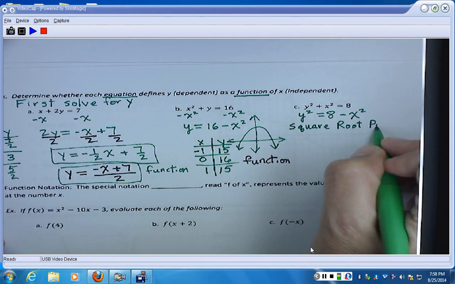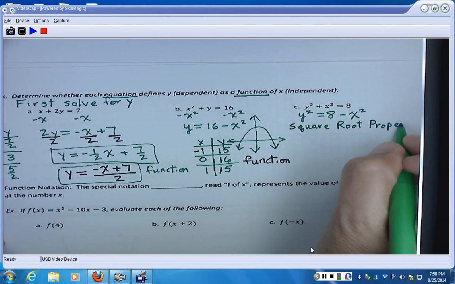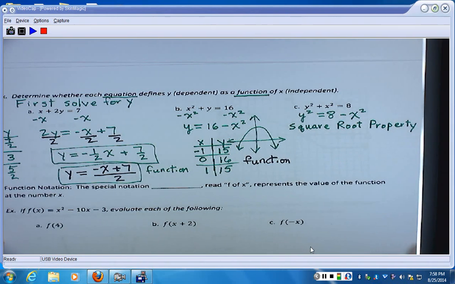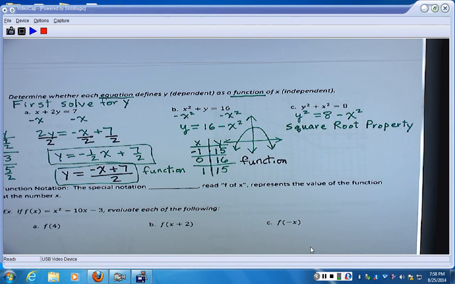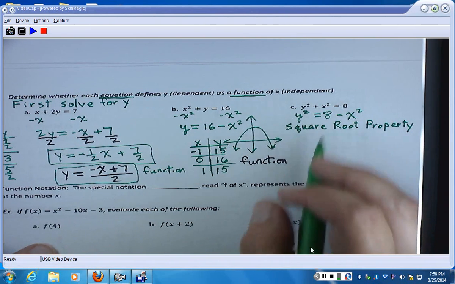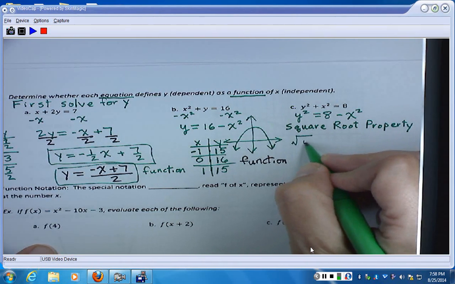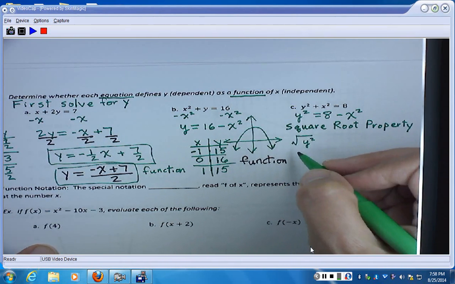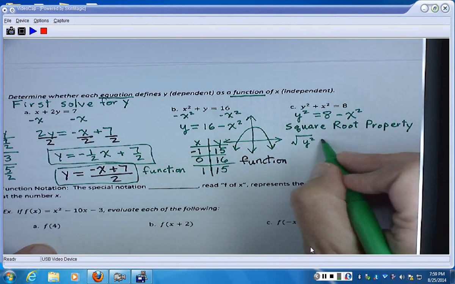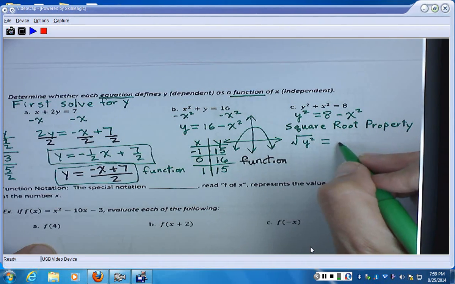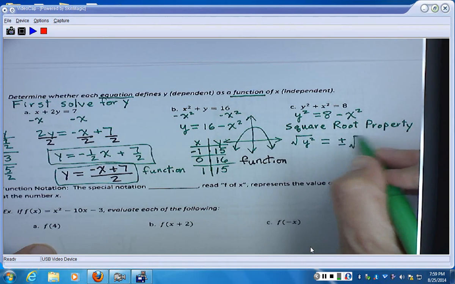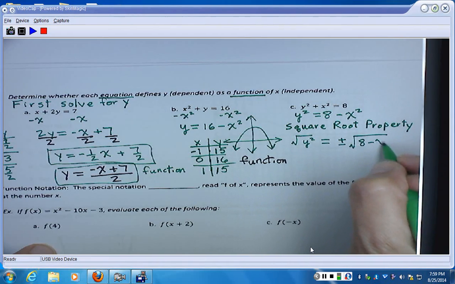The square root property says that you can take the square root of both sides, but when you do that, you have to put a plus or minus in front of one side. So you take the square root of y squared, and it's plus or minus the square root of 8 minus x squared.